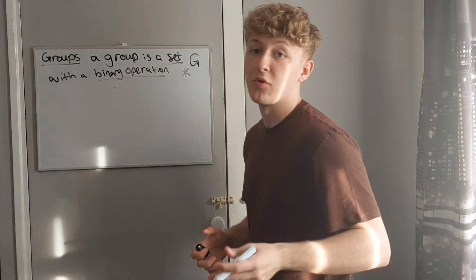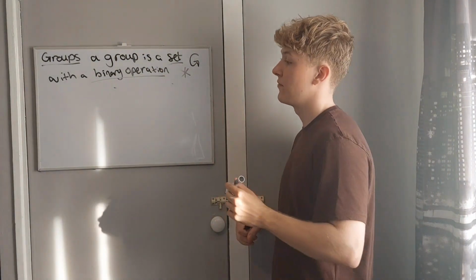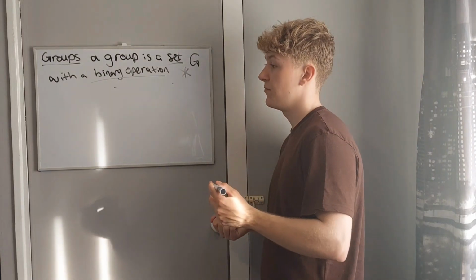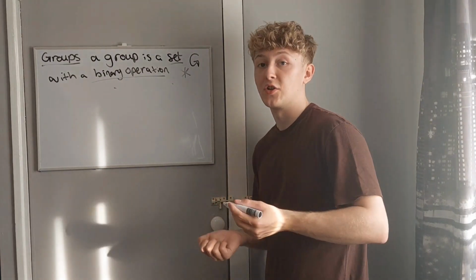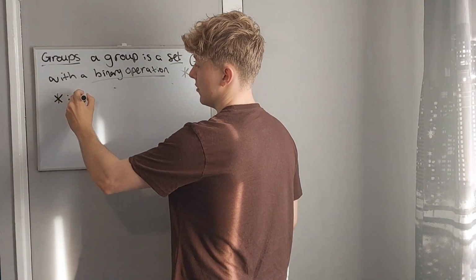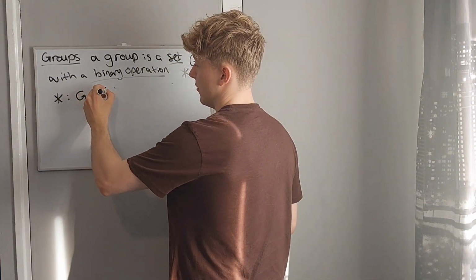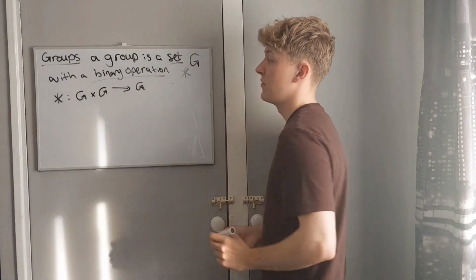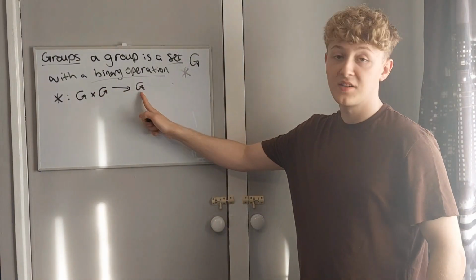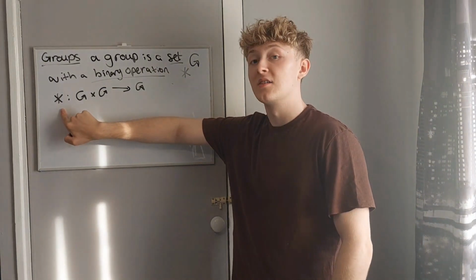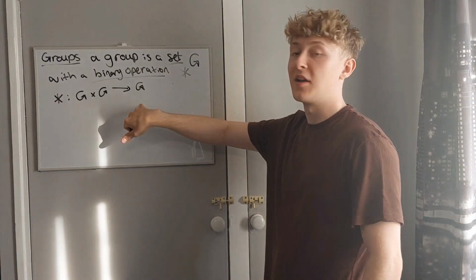Well, a binary operation acts on a set. Well, it acts on elements of a set, rather, is the way to think about it. And it's a function or a mapping from G cross G back into G. And note the fact that because this lands back in G, what we say is that star has closure. And this will become apparent again in a moment.